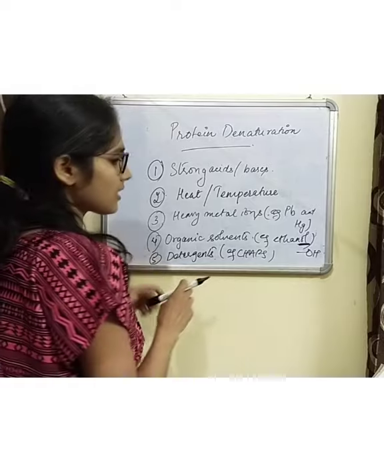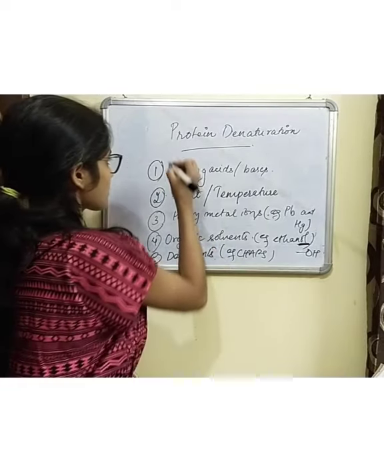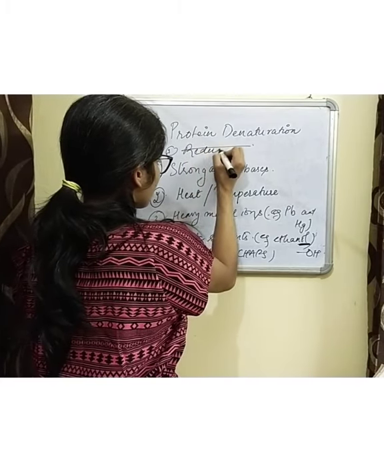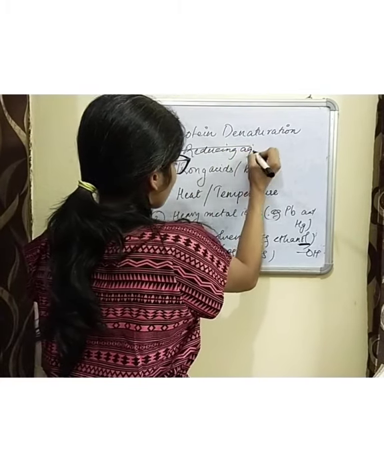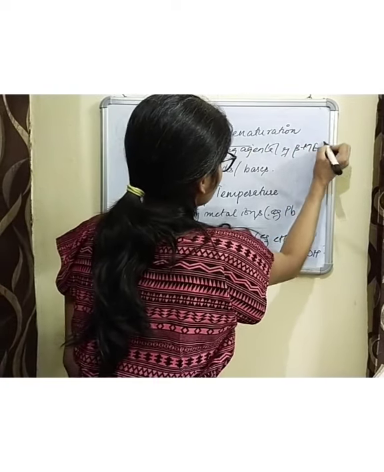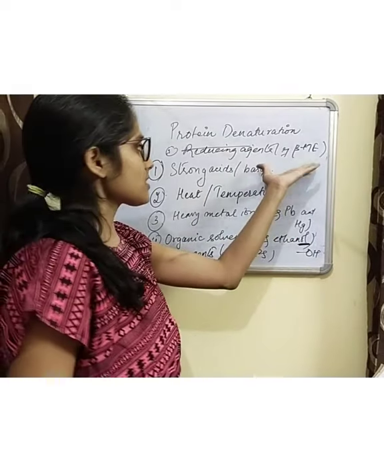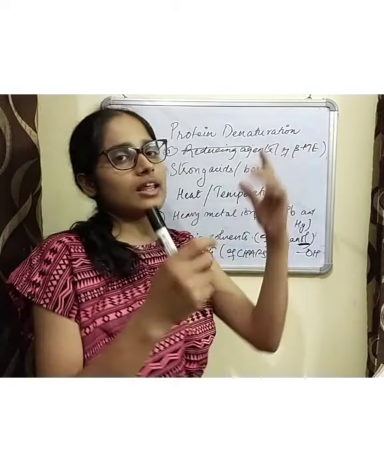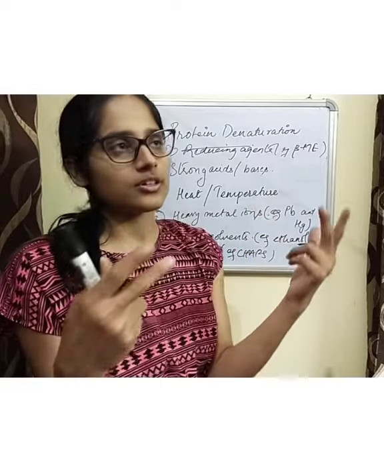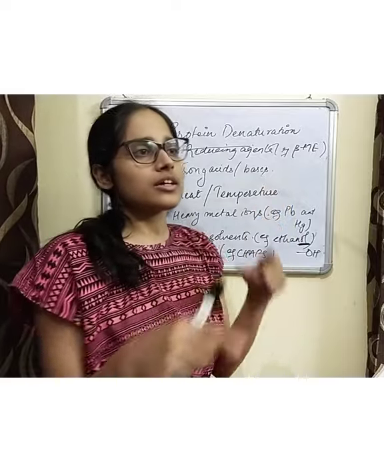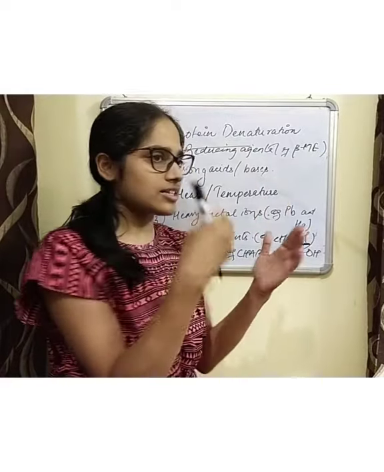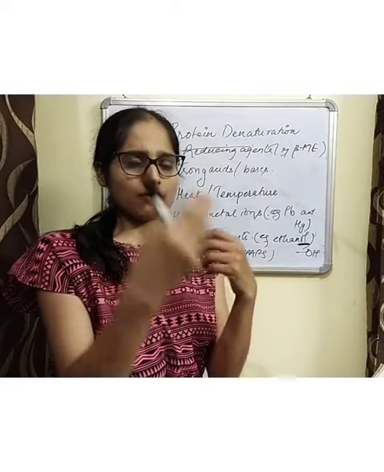Next, important is reducing agents, for example beta-mercaptoethanol. What do these reducing agents do? They reduce the disulfide bridges, or the S-S bond, and expose the SH group, the sulfhydryl group.